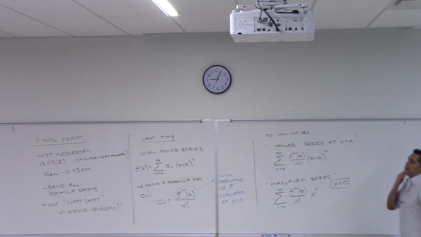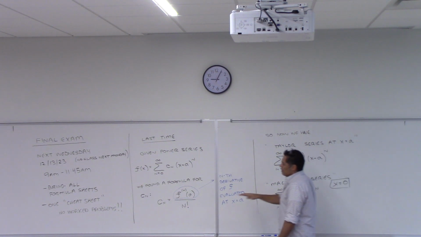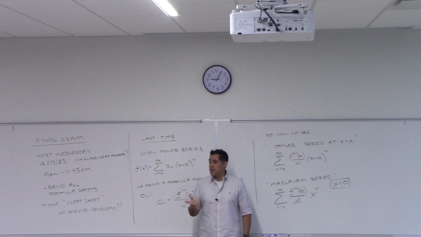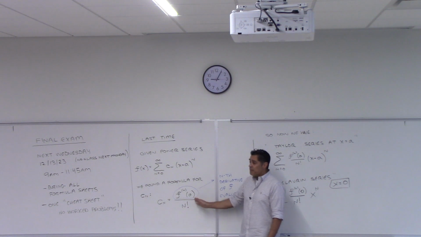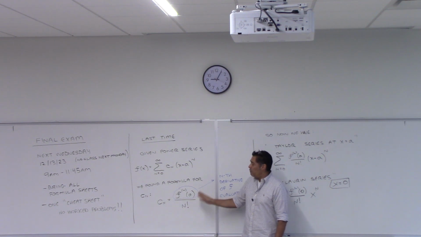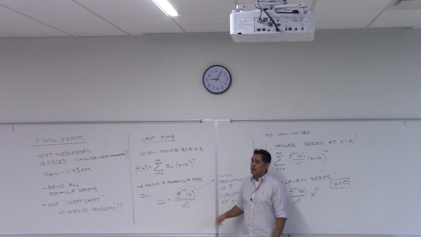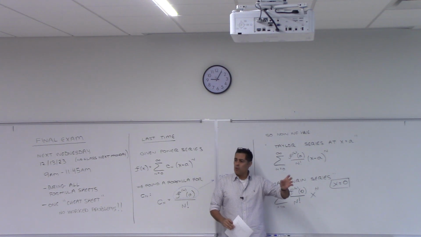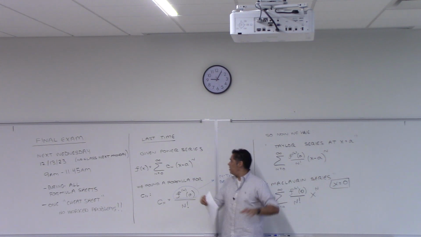So here's the deal. When we try to find this formula, really one of two things is going to happen. Either we're going to be able to find the formula, and we're going to be super happy about it, or the formula is going to be really hard to find. So what we'll have to do is write out term by term what we're getting for these derivatives and write out the new series.